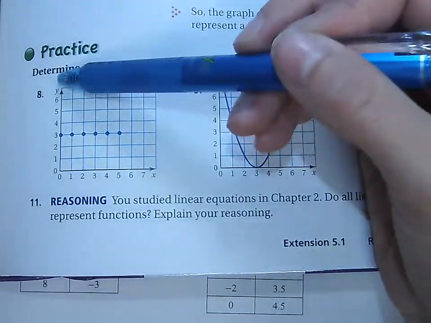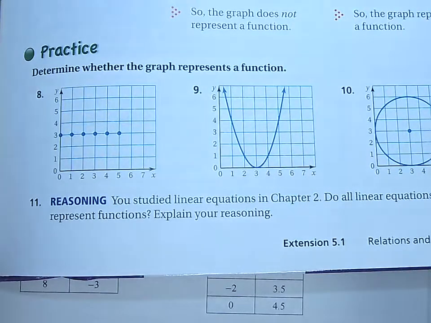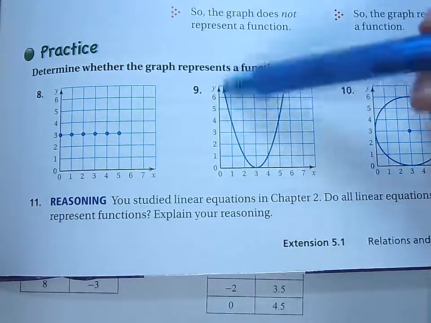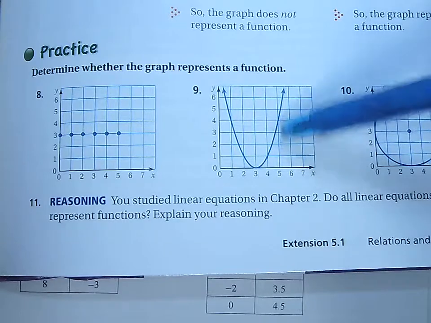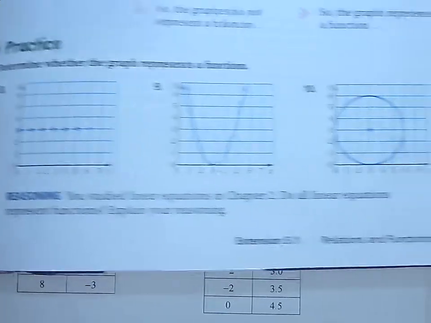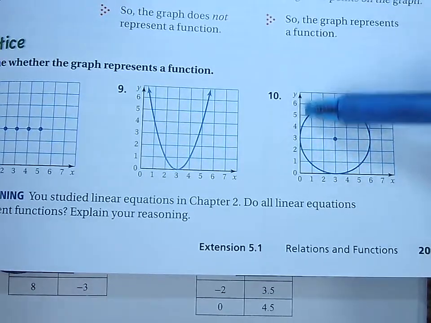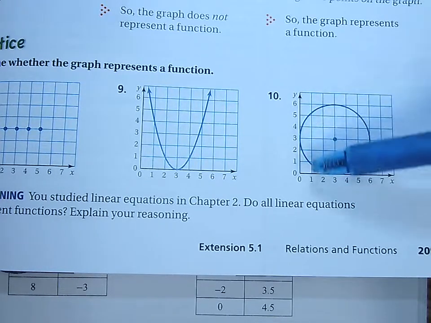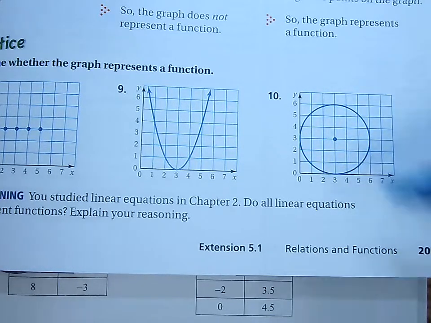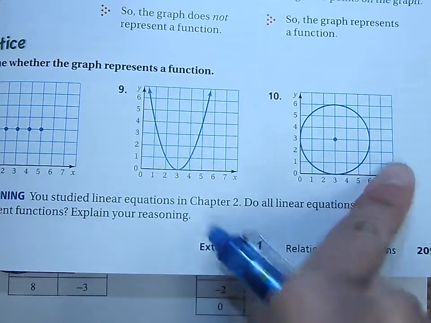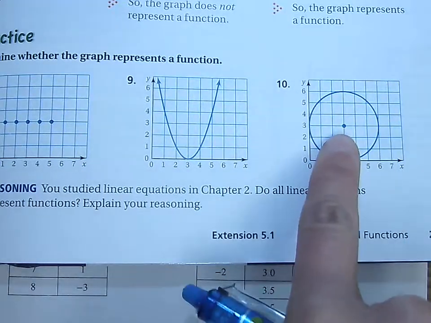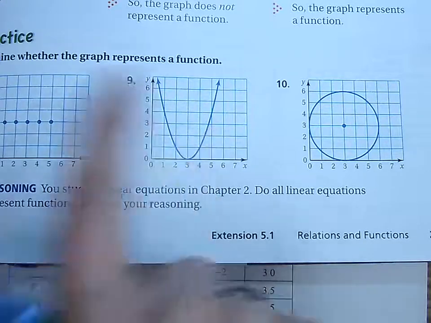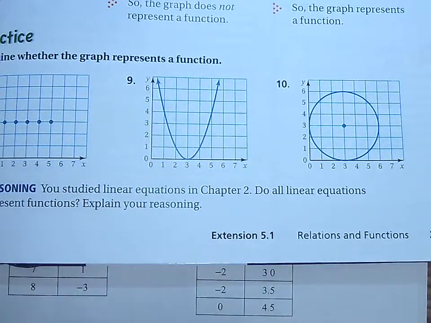Here too, I'm only ever going to hit one point. We're good. If I draw a vertical line through most of this, I'm going to hit 2 points, top and bottom. So of these three, the only one that's a relation is this, and these two are actually functions.